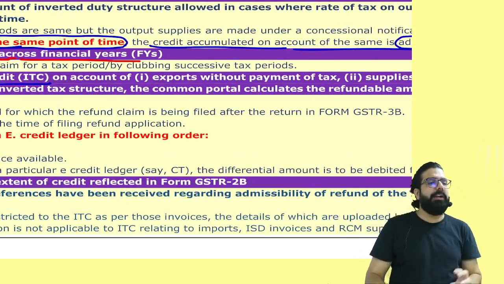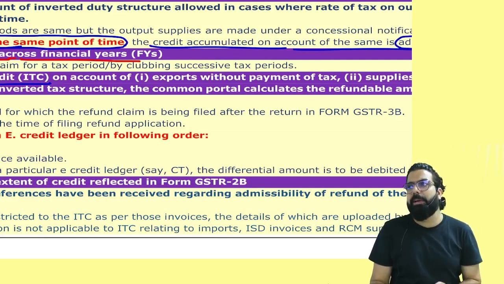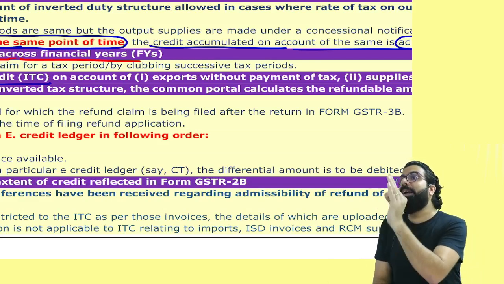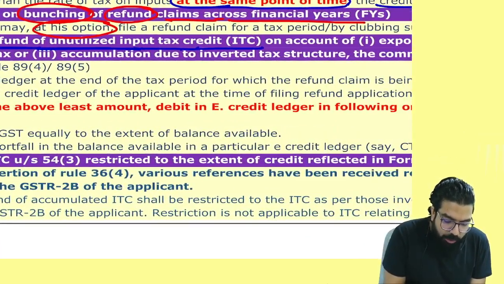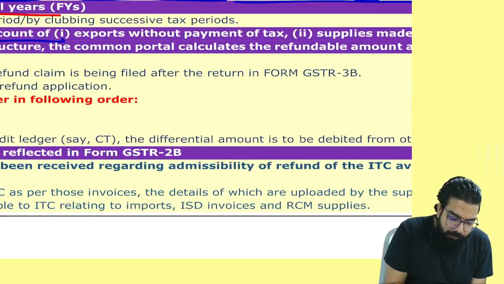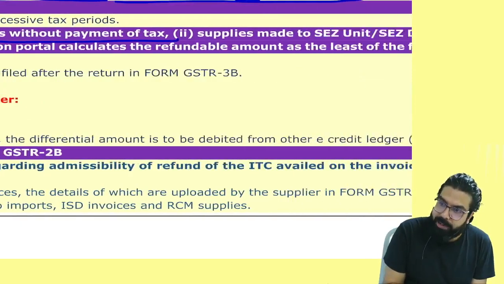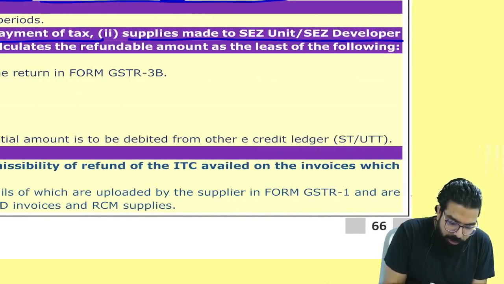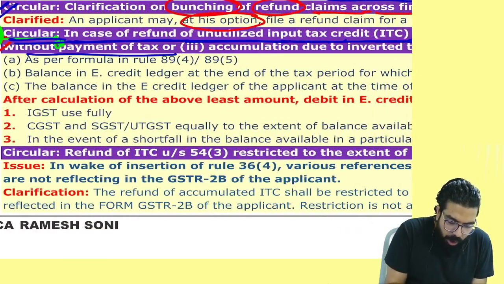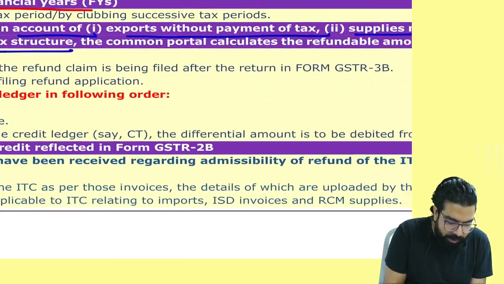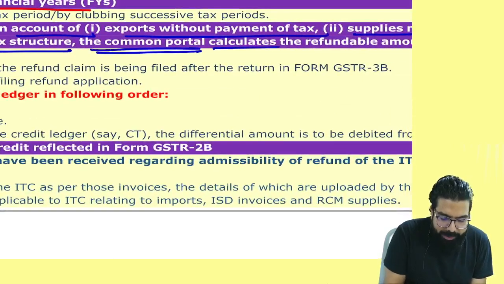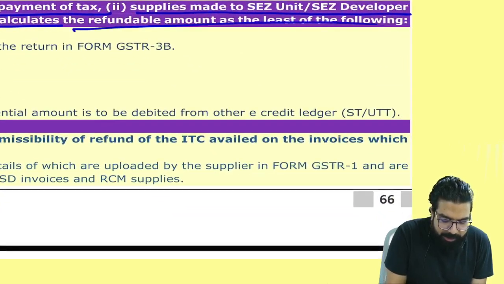They are telling that in case of refund of unutilized ITC on account of export without payment of tax or supplies made to zero rated SEZ, or accumulated ITC under the inverted duty structure, the common portal calculates the refundable amount as the least of the following.